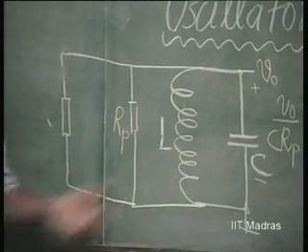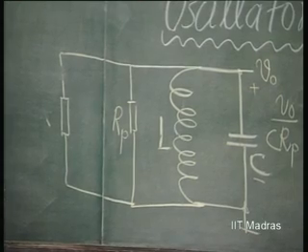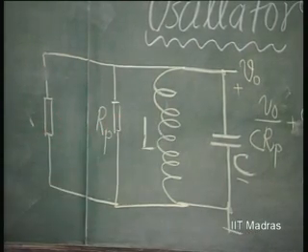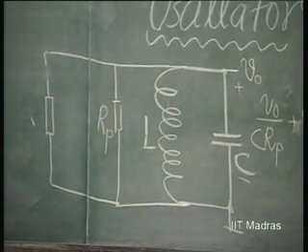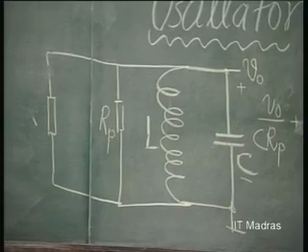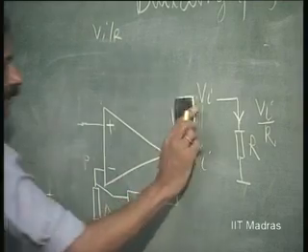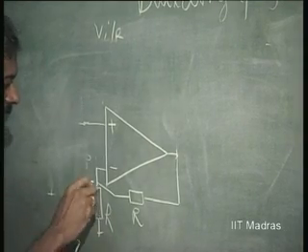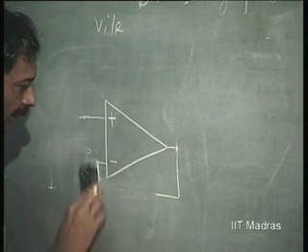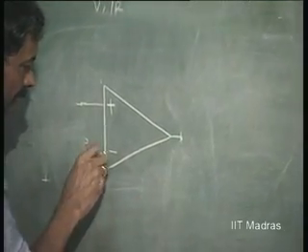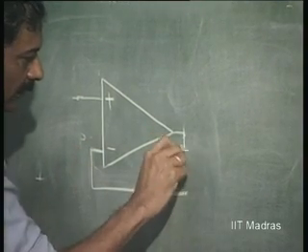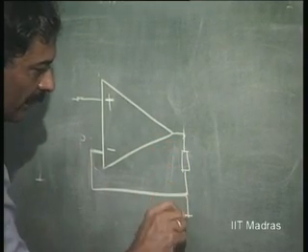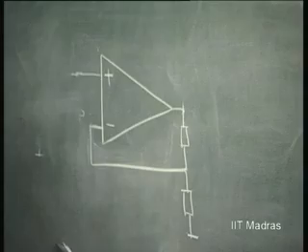If I do not want to use an inductor, I can simulate that inductor using the gyrator. So, let us look at that circuit of ours, the gyrator circuit. How will it look? In fact, we had used this kind of resistance there, if you remember. The first circuit was an amplifier with gain of 2.